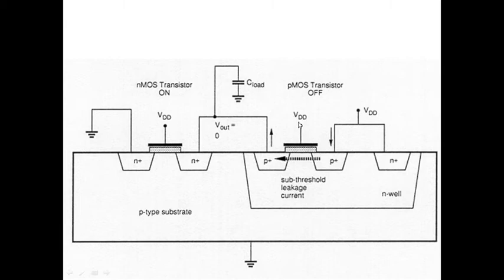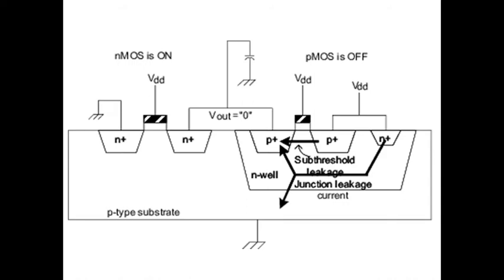Here the applied voltage is less than the threshold voltage, and due to that, some inversion layer forms, or you can say a weak channel gets formed, and a finite amount of current will flow from source to drain, and that contributes to the power dissipation. Then the second component is leakage current.